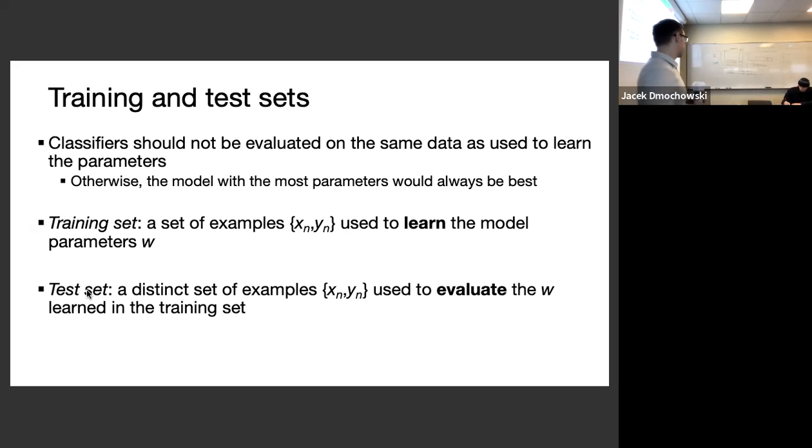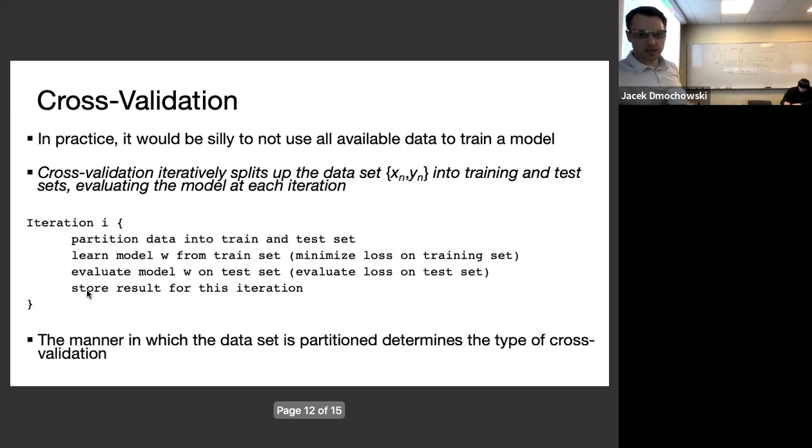So what this slide is saying is that you always need to partition your data set into a training set and a test set. Your training set is used to learn your W, and the test set is used to evaluate your W. That's clear.